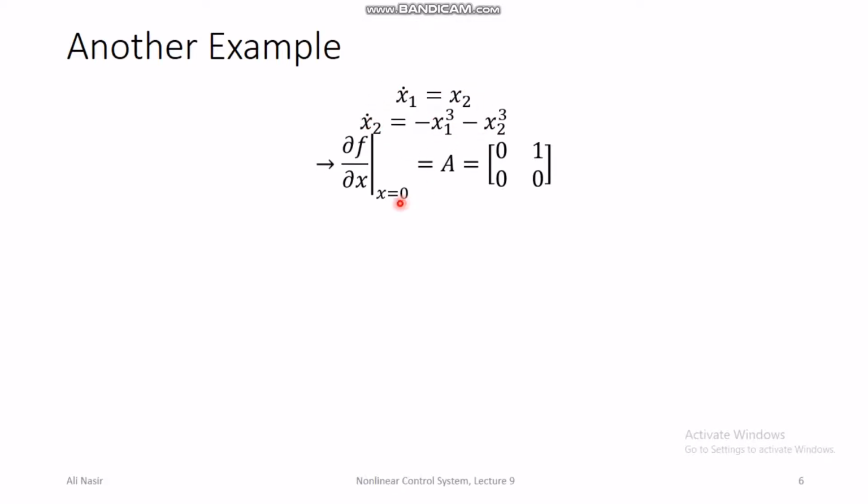If you linearize it, calculating the Jacobian partial f by partial x and evaluating at x equals 0, it turns out to be A equals [0 1; 0 0], which is an upper triangular matrix, and its eigenvalues are on its diagonal, which are both equal to 0. So two eigenvalues at the origin, that means it's a double integrator system.